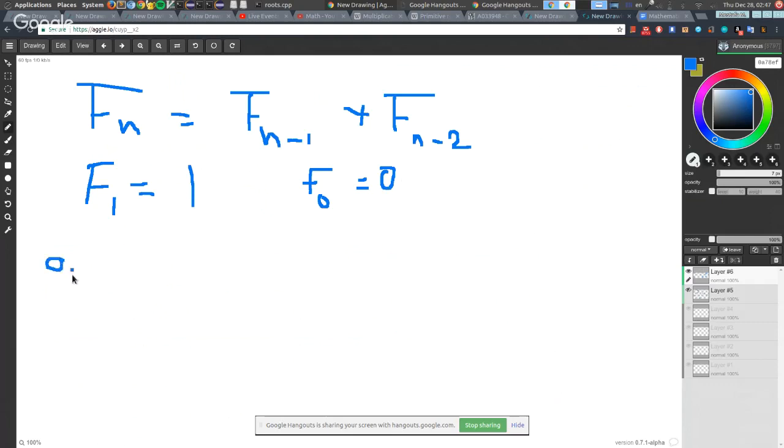So you can see that the elements here are 0, 1, 1, 2, 3, 5, and so on.